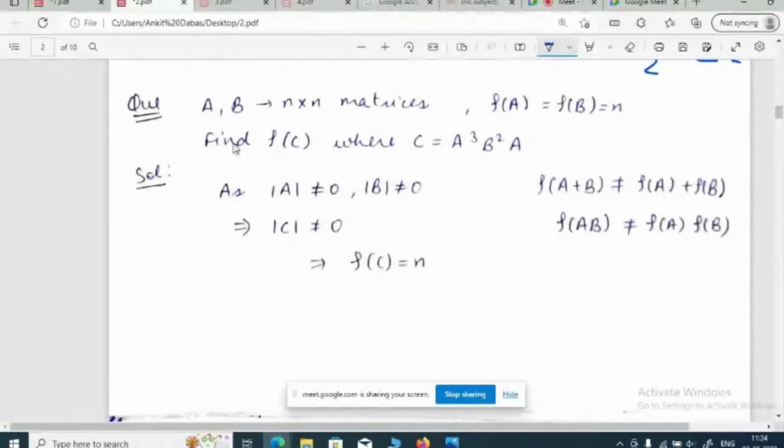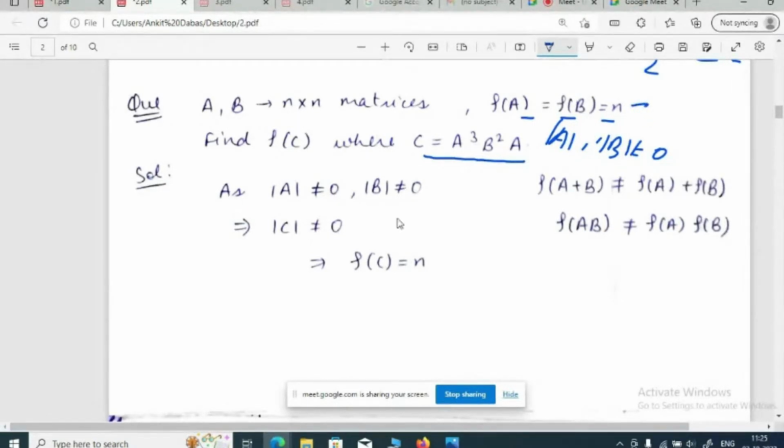Next, if A and B are n cross n matrices such that the rank of A and the rank of B are equal to n, we have to find the rank of the matrix C which is equal to A cube B square A. Because the rank of A is n and the rank of B is n, the determinants of A and B are not equal to 0, because if they were 0, the rank of these matrices would have been less than n.